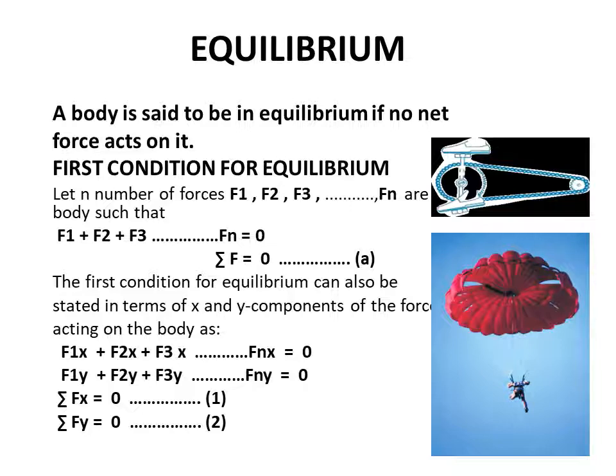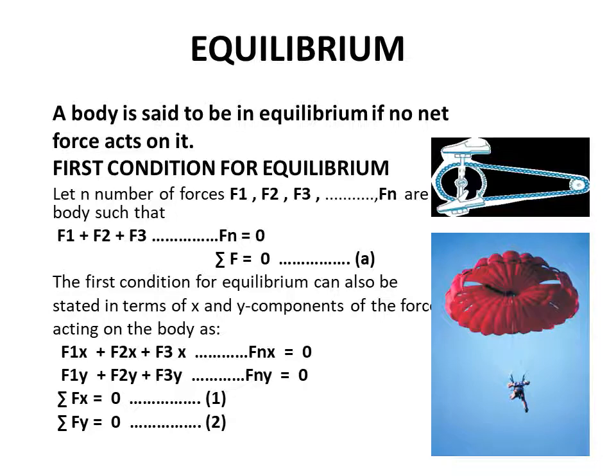F1x + F2x + F3x + ... + Fnx = 0, these are the x-axis components, and F1y + F2y + F3y + ... + Fny = 0, the y-axis components.